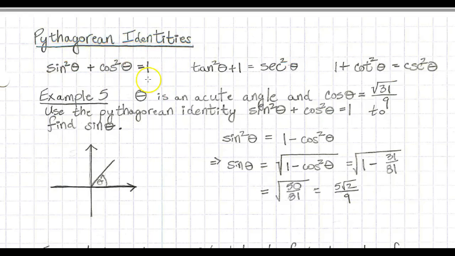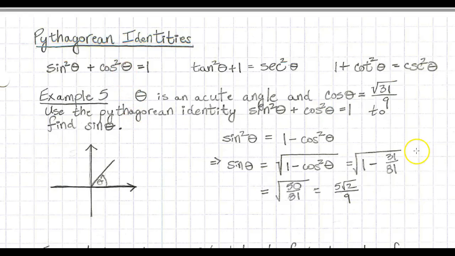Bottom line is it comes from this guy. Or if I divide everything by sine squared, I'd get 1 plus cosine squared over sine squared theta is the same as cotangent squared theta. And then 1 over sine squared is the same as cosecant squared theta. So either of these are called the Pythagorean identity. If somebody just says, hey, use the Pythagorean identity, they actually mean sine squared theta plus cosine squared theta equals 1.